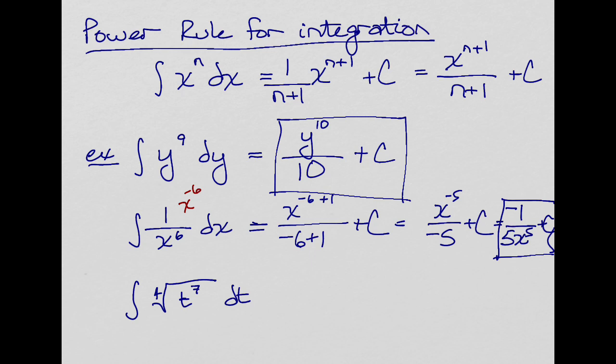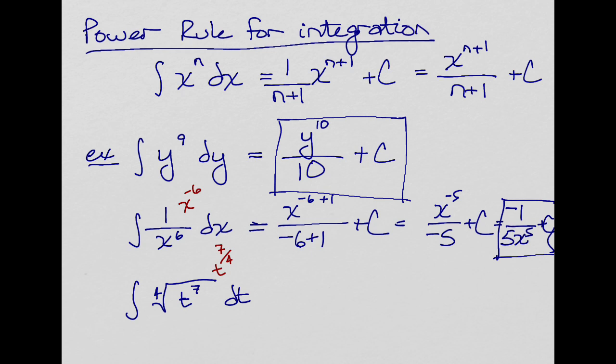Then we have fun things like this next one. Again, rewrite, just like we did with derivatives, really. Rewrite with an exponent. This is t to the root is the denominator. The power is the numerator. So this is t to the 7/4 power.